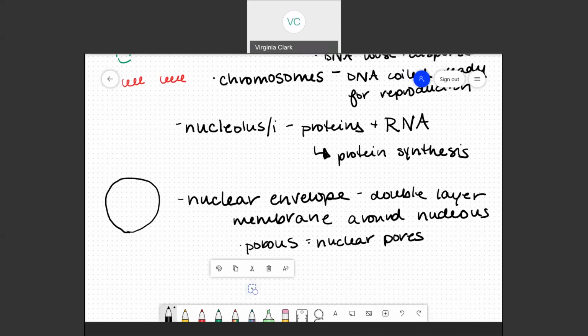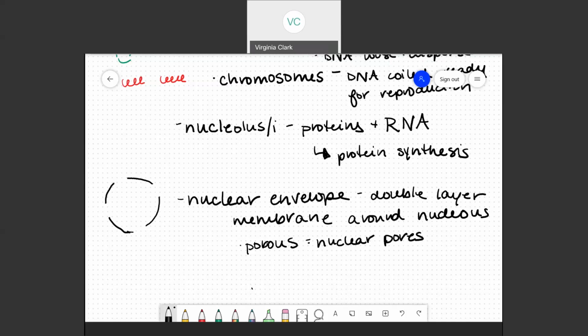So when we're talking about something that's porous, your nuclear envelope will actually have nuclear pores that are going to make it so things can travel inside and outside of the nucleus. Okay, so this is our nuclear envelope. This is your nucleolus.